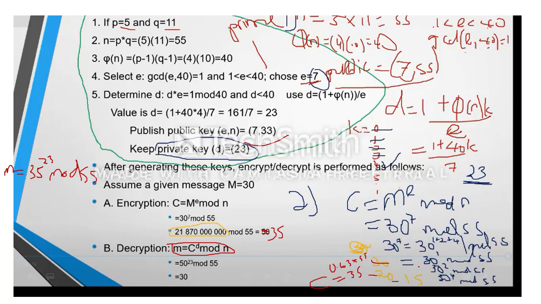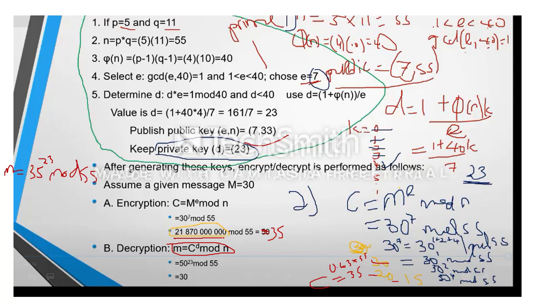Now the reason why I had to prepare you to do these calculations is because I know that decryption normally is difficult to enter the figures, especially into your calculator. You cannot punch them. Imagine entering 35 to the power 23. Here I could easily say 30 to the power 7, and I could get this figure, 21 million.